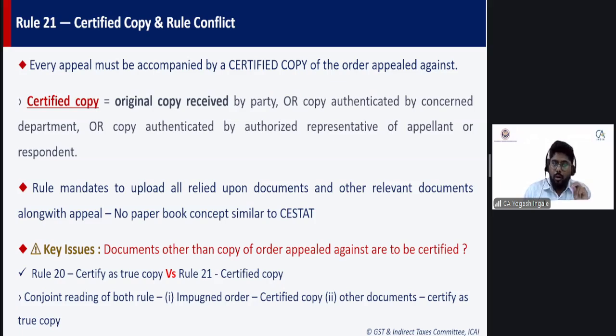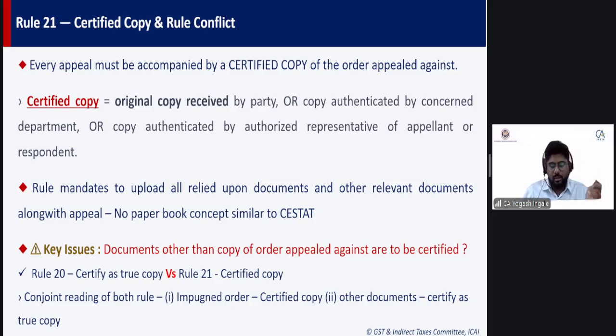Now, Rule 21 mandates to upload all relied upon documents, all the relevant documents along with the appeal. As we have already discussed, there is no concept of a paper book. Of course, we can upload documents, but as of now, there is no concept of paper book. So Rule 21, a certified copy of the order appealed against is required. Now key issues, Rule 20 versus Rule 21.